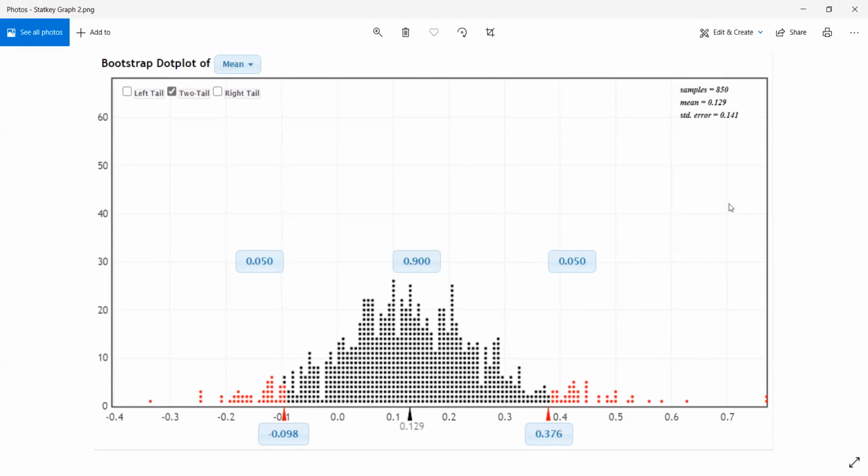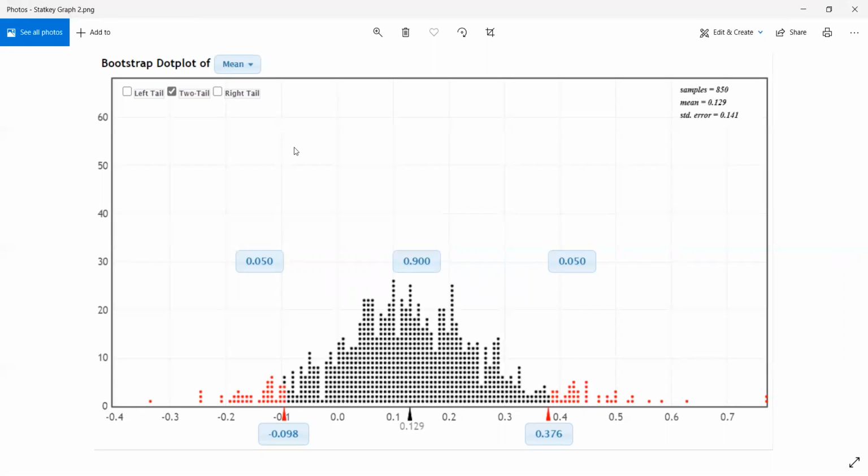That's all these dots here, 850 dots. Now, it says bootstrap dot plot of a mean, all right? It doesn't say much else than this, that it's a bootstrap sample of one mean. If it was a difference of means, it would say it here, okay?